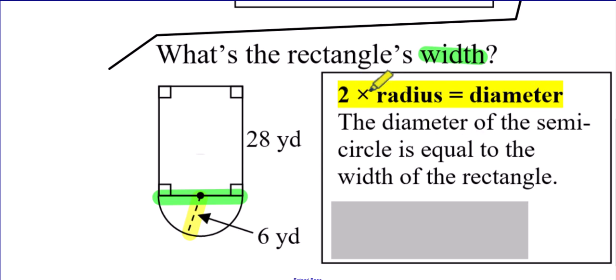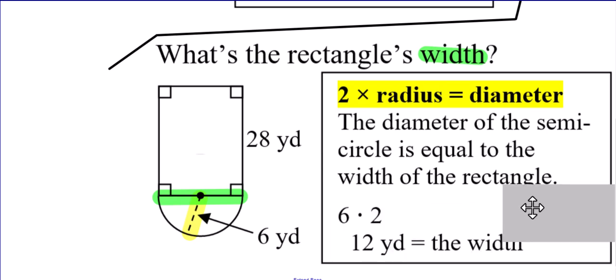I already have this highlighted here on my screen. If it's not highlighted on your paper, you might want to highlight on your paper or maybe underline it, put a star next to it. 2 times radius will give me the diameter, and the diameter of the semicircle is equal to the width of the rectangle. So 2 times 6 would give me 12. That's not only the diameter of the semicircle, that coincides to also being the width of the rectangle.